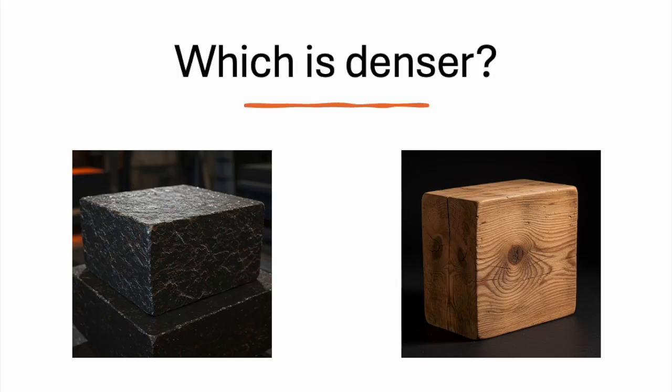This means that the iron block is much denser than the wood block. In other words, the iron block has its matter more closely packed together in the same amount of space.